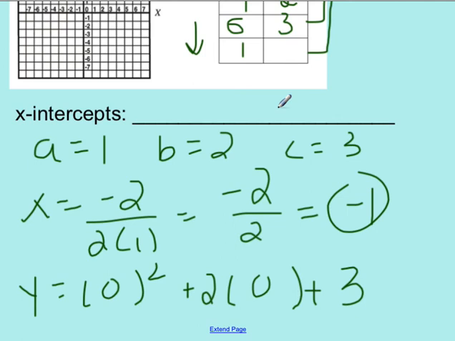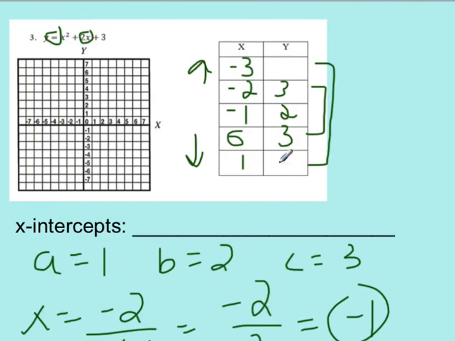Next, I need to plug in 1. So I'm going to erase this and plug in 1. Each of these values are 1. Well, when I plug that in, I end up getting 6. So now I'm going to graph that. My vertex is -1, 2, so I'm going left 1, up 2, and then I'm going to put a horizontal line through that.